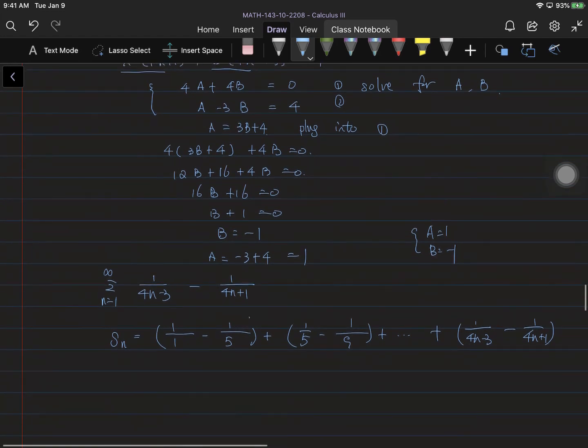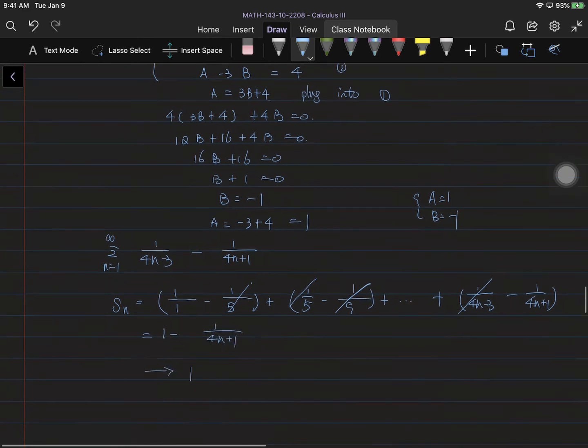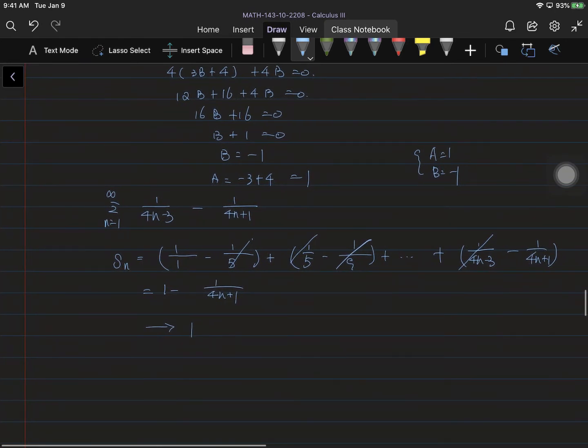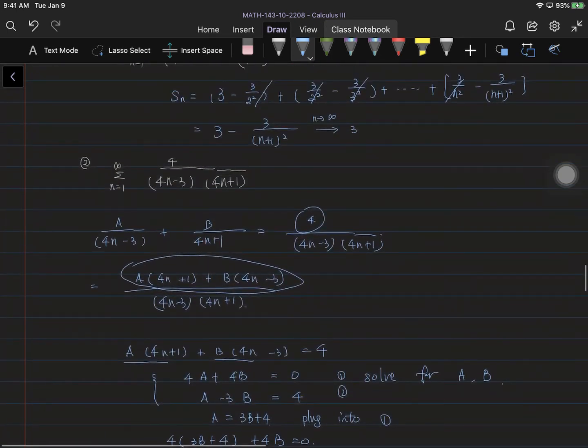As n goes on, we cancel all the middle terms. So the limit goes to 1. So the sum of this series is just 1. Okay, this is how we find the telescoping series sum using partial fractions. We can stop here for finding the sum of the series.